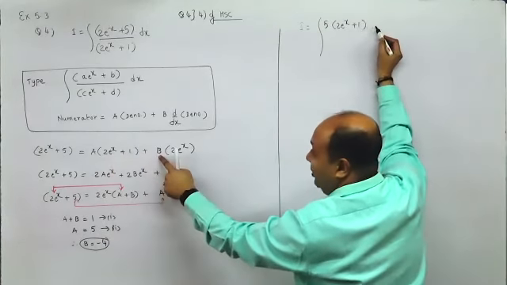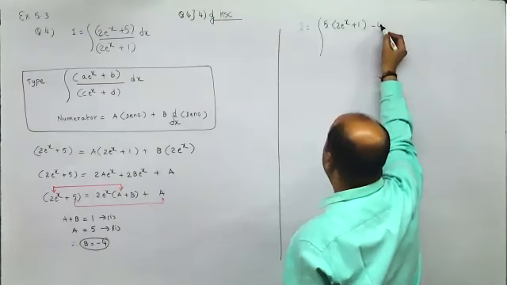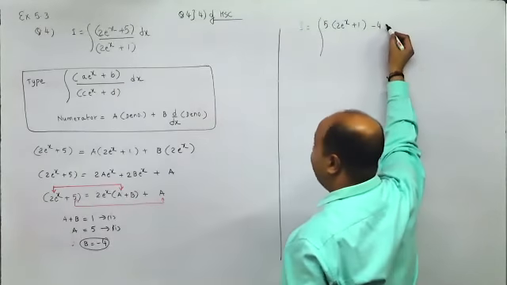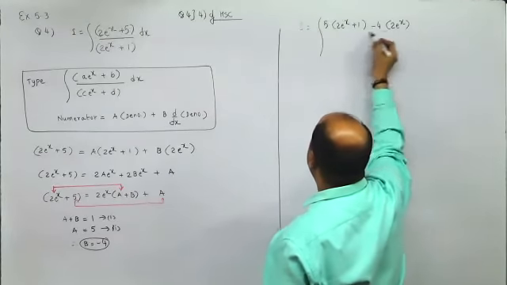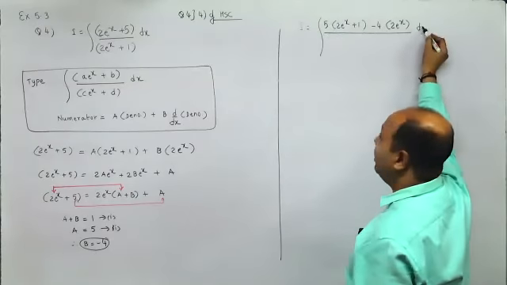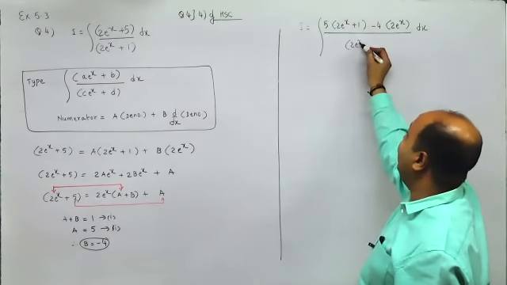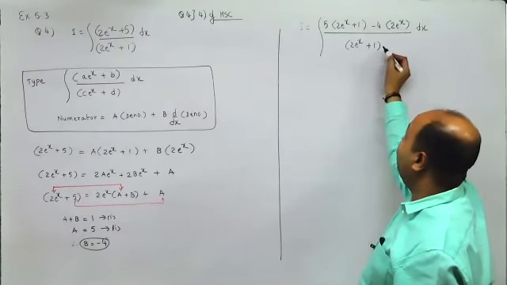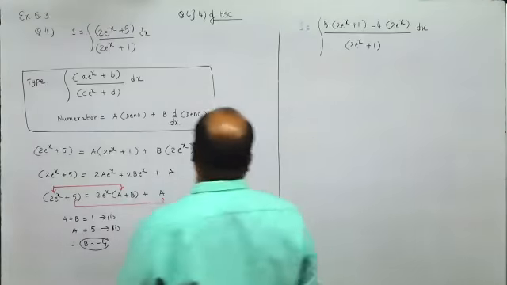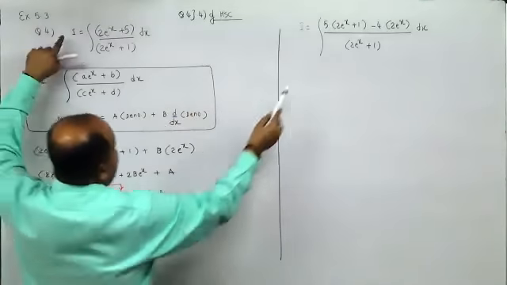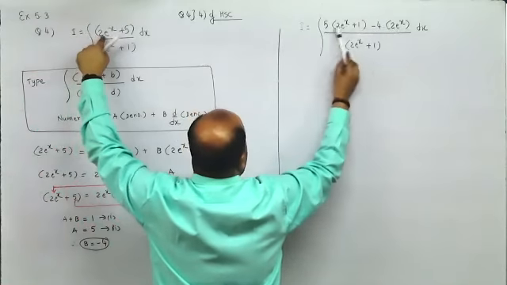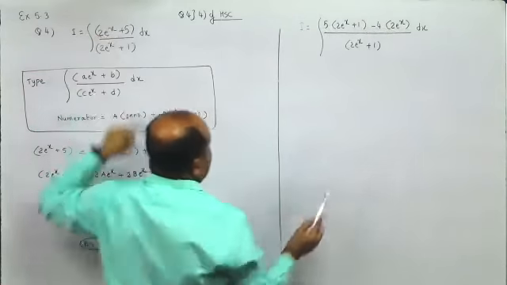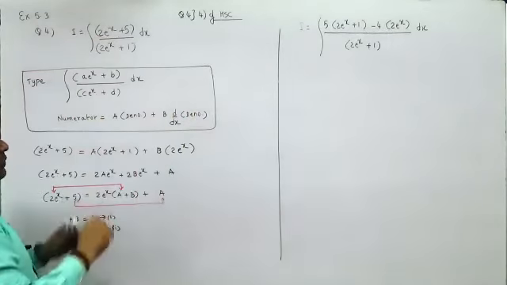Then in place of b, I'll write minus 4 into derivative of denominator, that is 2e raised to x, divided by 2e raised to x plus 1. Now you can check whether you have got the same result or not. What is 5 into 2e raised to x? That is 10, minus 8 e raised to x is 2e raised to x, 5, and then no other term. So this is how you solve it.